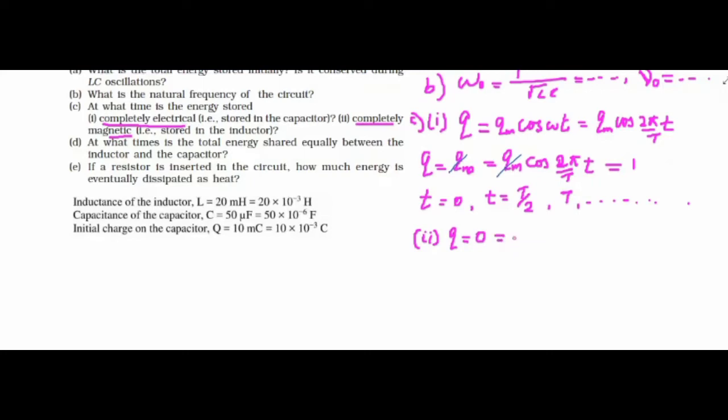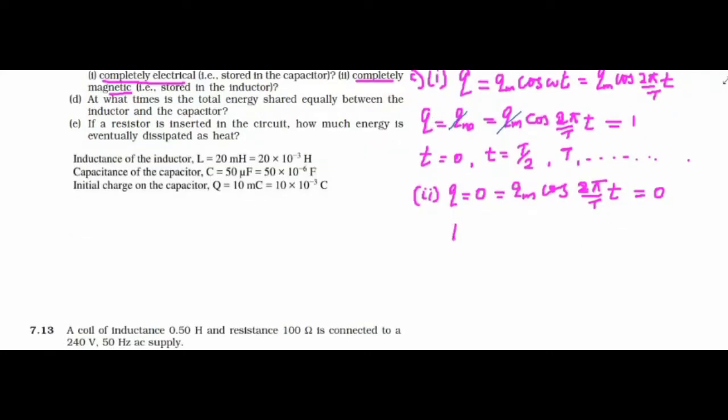Q is equal to 0 means 0 is equal to Qm cos 2π/T into t. What should be the value of t here, so that cos 2π/T into t is equal to 0?